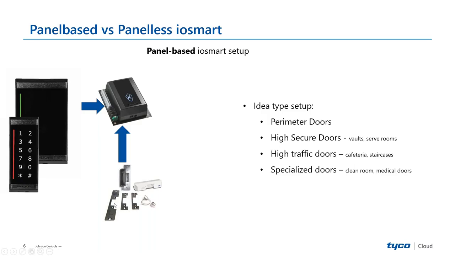You want to know where they've been and the alarms, or any kind of specialty doors, like a clean room where you have a double door entry or anti-passback, card counting, or anything like that. Those specialty doors require a panel-based environment.